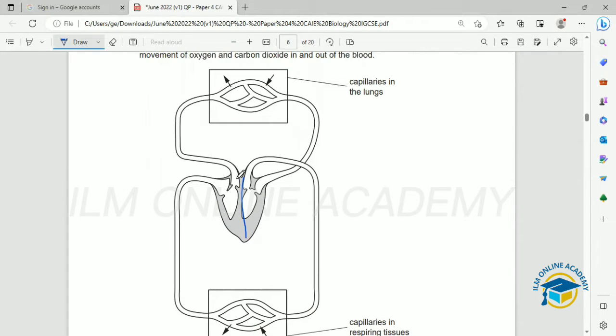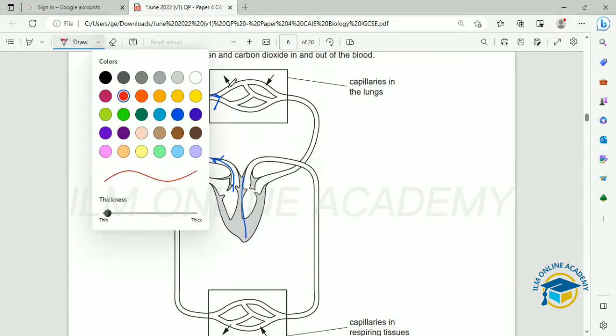And then what happens is that on the right side of the heart, the deoxygenated blood goes from the heart to the lungs, and when it comes to the lungs it gets oxygenated.